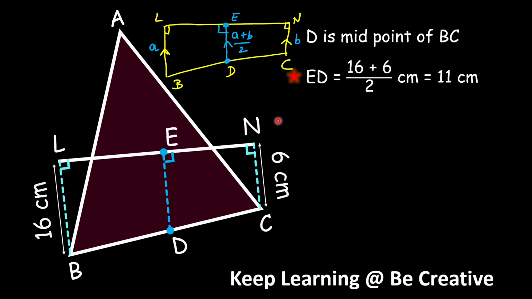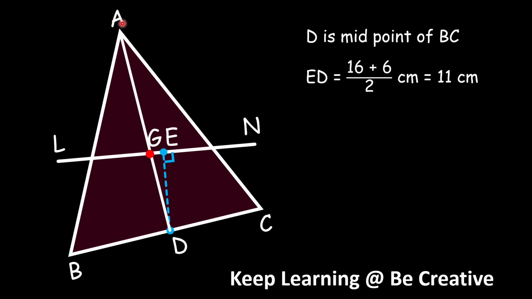Next, I will bring back the line AD, which was the median of this triangle. Here DE is perpendicular to LN and the length which we need to determine, AM, was also perpendicular to LN. So you can see that this angle and this angle are 90 degrees. Also these two angles are vertically opposite angles.